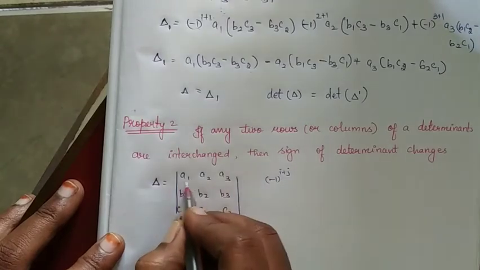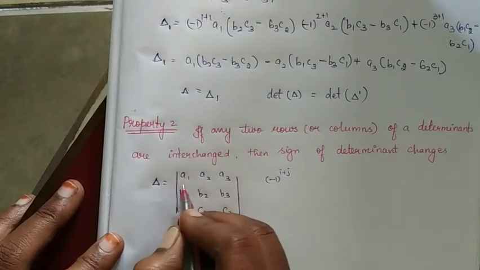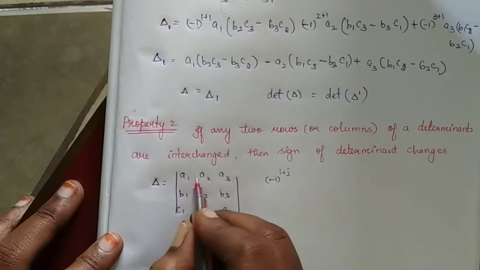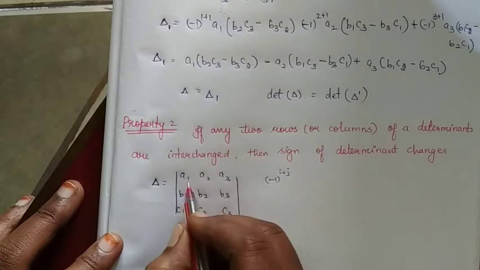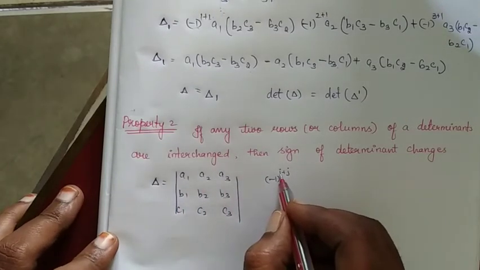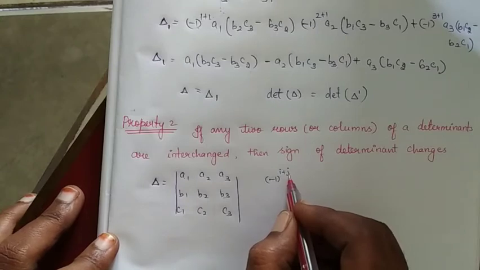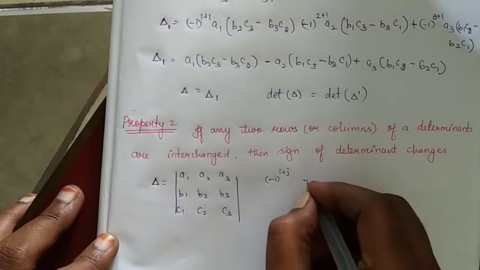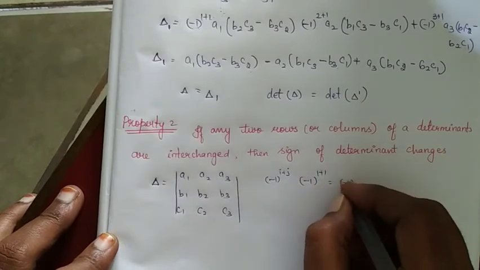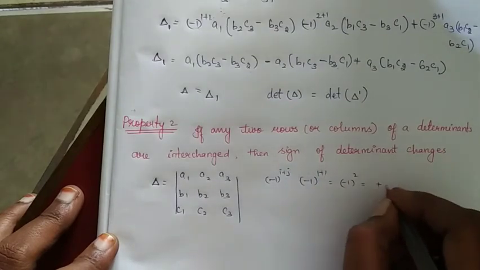This i and j denote the place here, that is, i means row and j means column. So for 1 1, i is 1, that is row 1, and j is 1, that is column 1. So (-1)^(1+1) means (-1)^2, which is equal to plus 1.